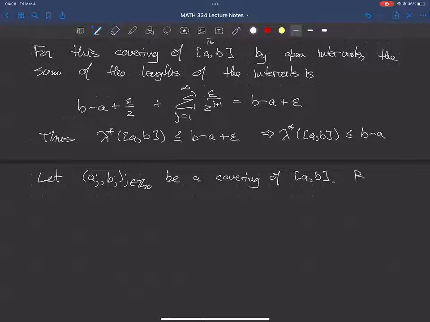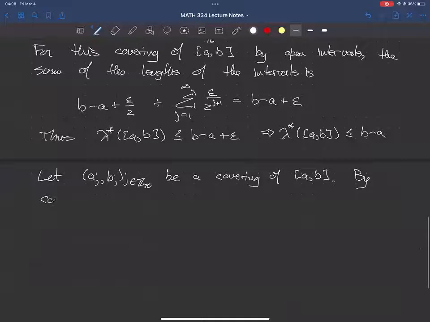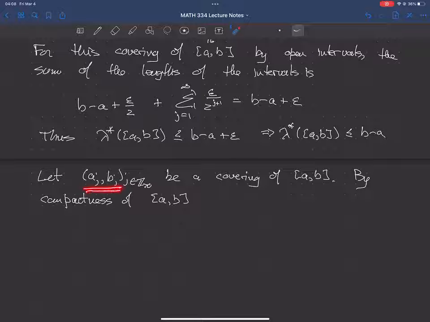So by compactness of AB, okay, I'm going to use the definition of compactness, or the version of compactness, which says that if I have a covering of my set by open subsets, then there's always going to be a finite number of these that will cover the set.